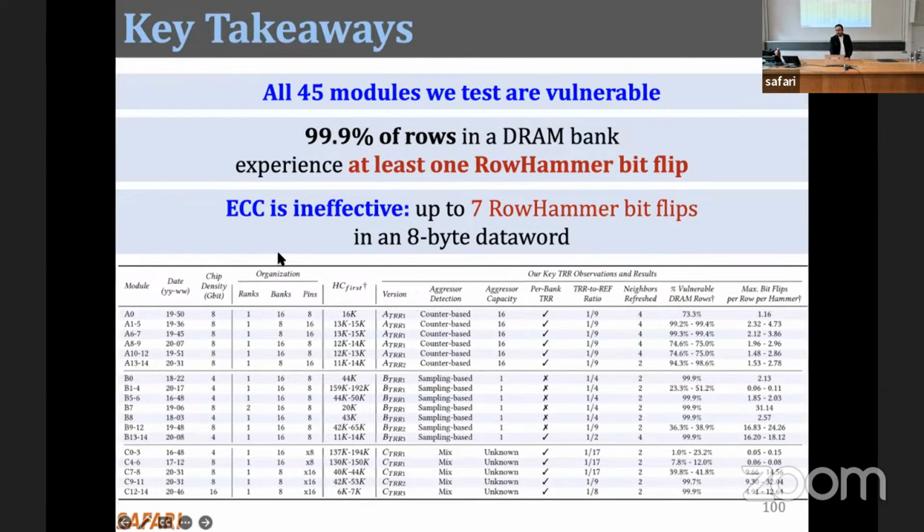ECC is also ineffective, because when they look at the distribution of the bit flips, they can see up to 7 RowHammer bit flips in an 8-byte data word. It's quite a high density of bit flips that you cannot protect against with practical ECC schemes, basically.